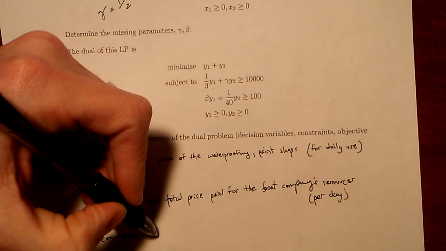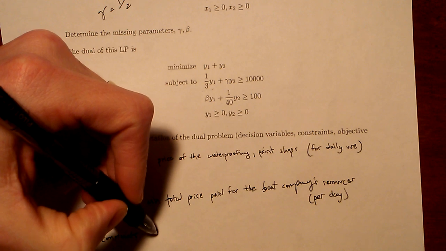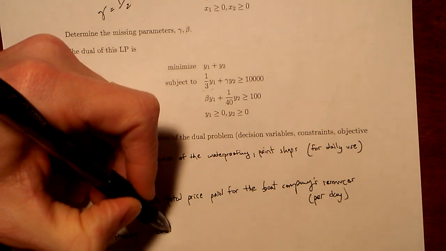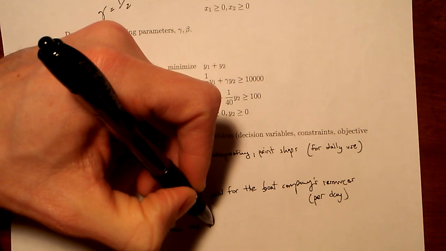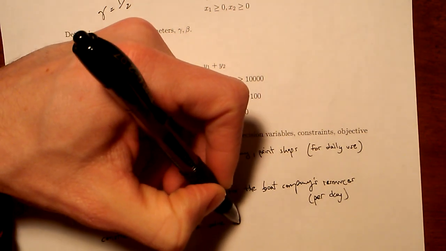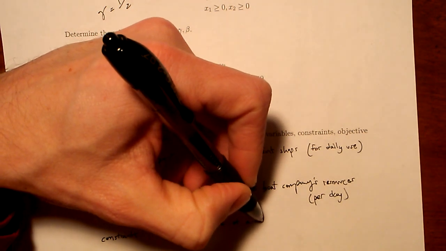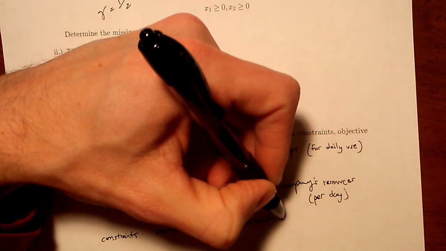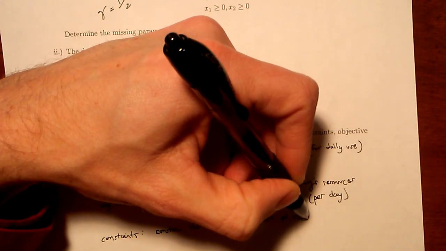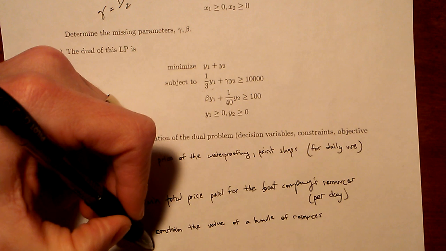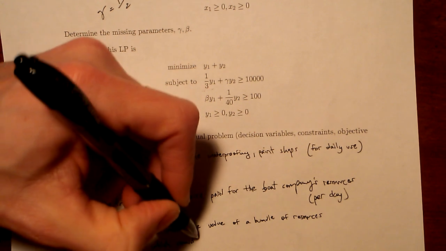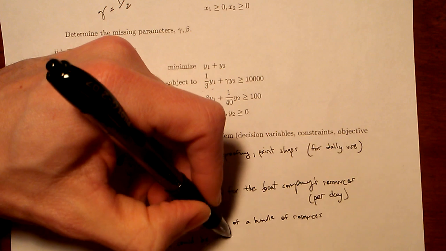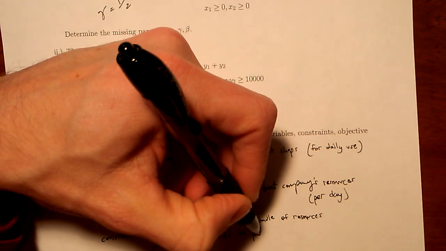So I would have said that the constraints constrain the value of a bundle of resources which could be used to produce a yacht or a rowboat.